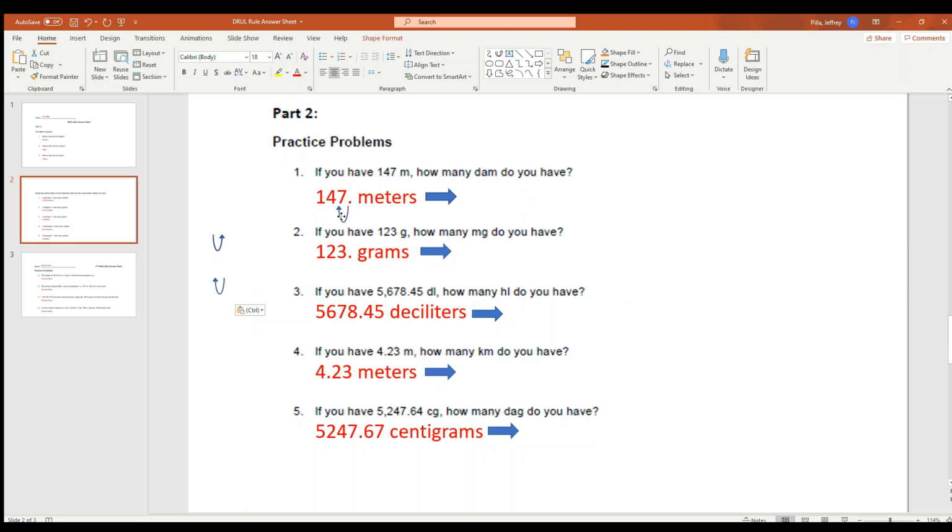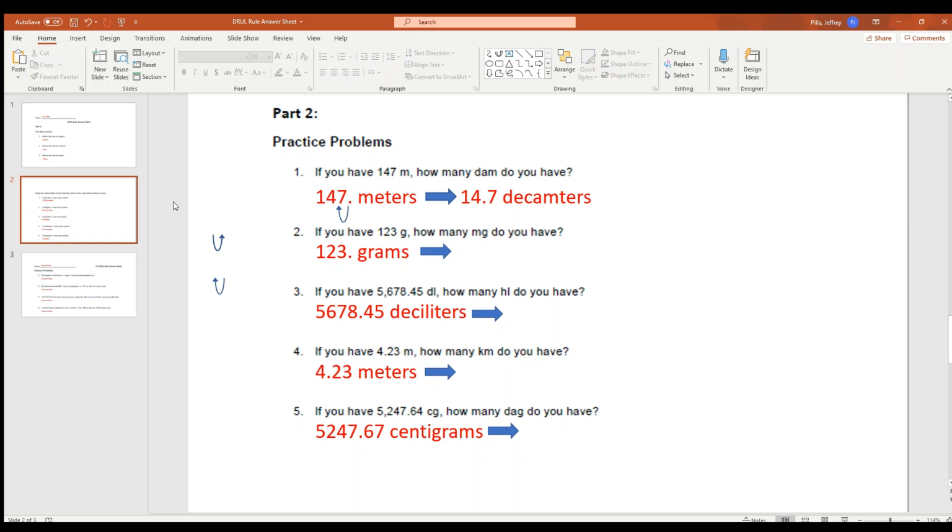That decimal is going to move 1 time to the left. When it does, our number now becomes 14.7. And what's our units again? Decameters.